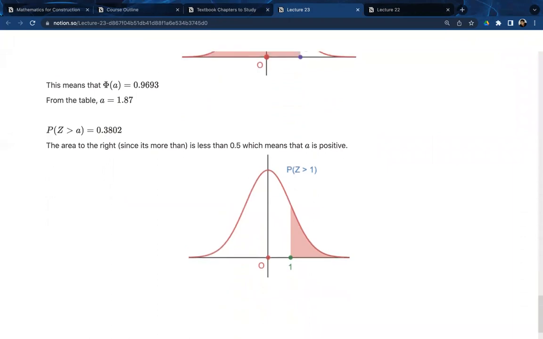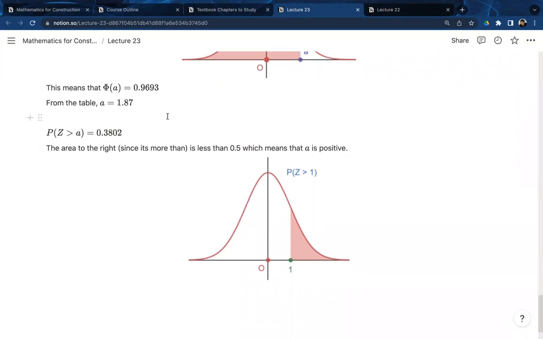So, but phi is not 0.3802, right? So let's see what we get here. Let's see what we could say.